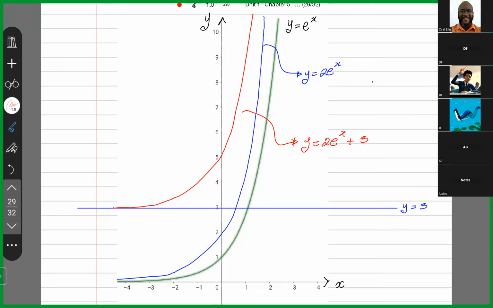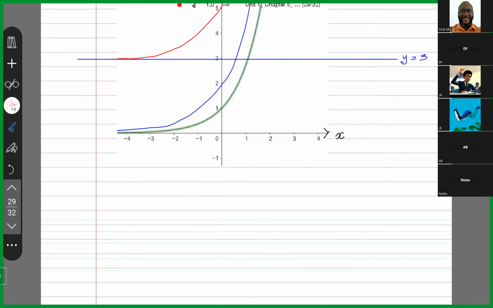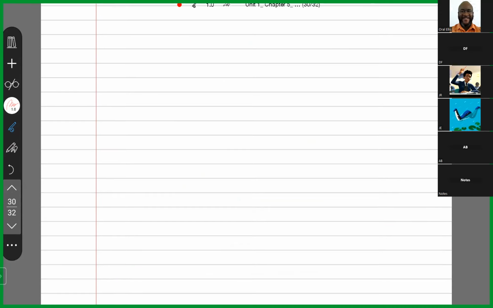It's as if we just push the graph 3 units vertically upwards. Of course, we could view these 3 graphs using GeoGebra so that we can have an appreciation of what they would look like, how the 3 graphs would differ, and how they would look the same. All right, so let's see what's next.